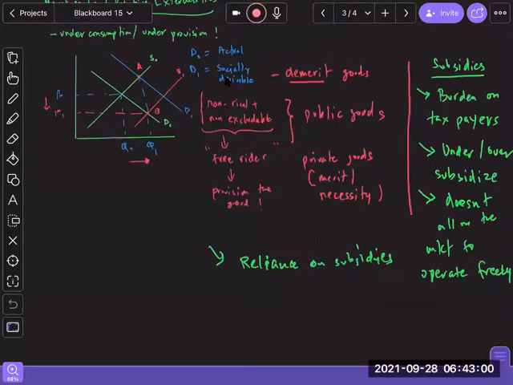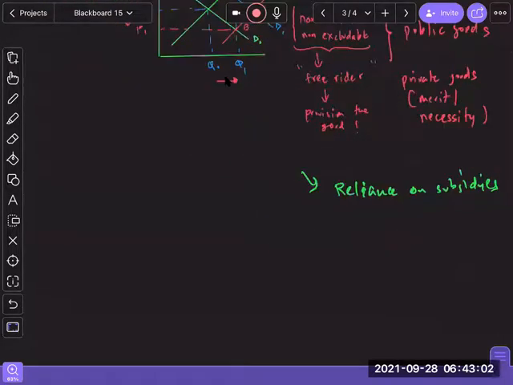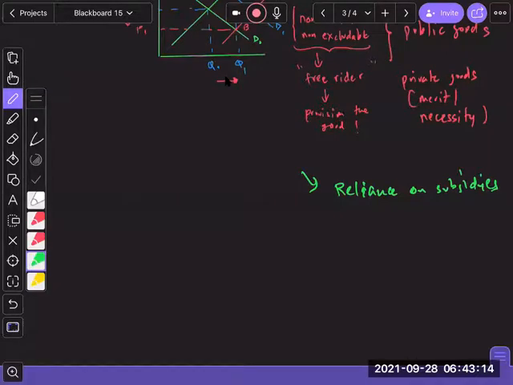Also, we talk about elasticity, because if the good is inelastic and we give a subsidy to the good, the price will fall by much more and consumers will benefit much more from subsidies. So elasticity matters if you want to benefit.